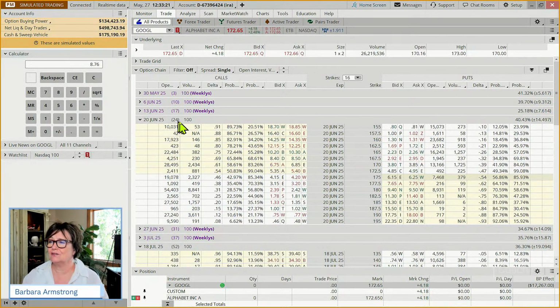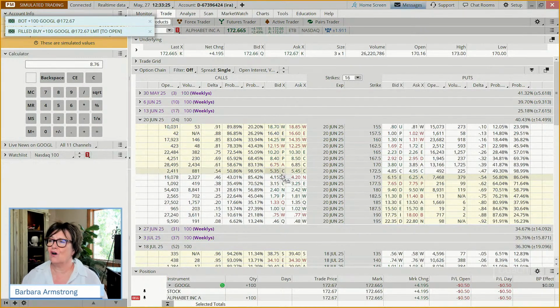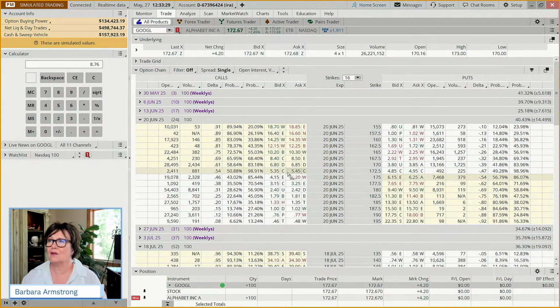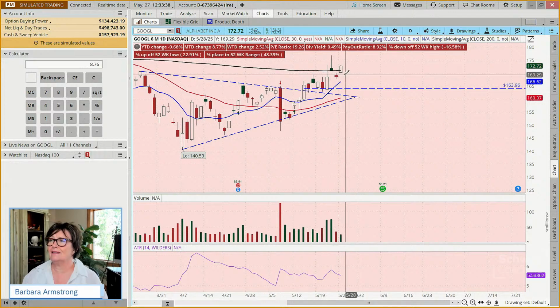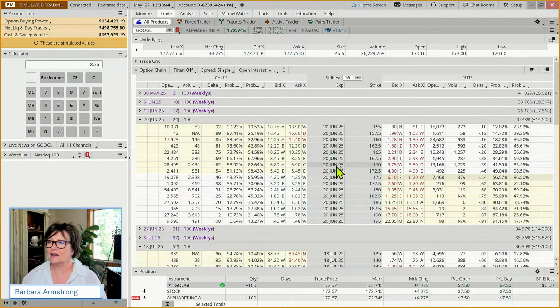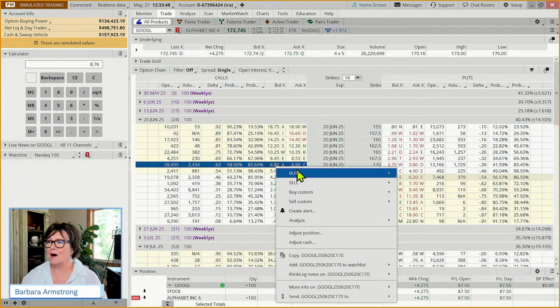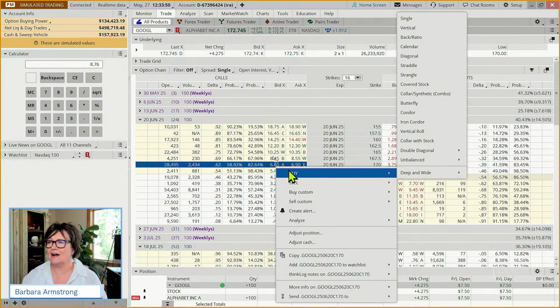Sure, we could do something called a long call vertical. With a long call vertical, our expectation is that the stock is going to go up. Looking at this, is that our expectation? Well, if you're saying yes, and I think it could certainly go above 175 a share, could we come to this trade tab and buy this 175 call?